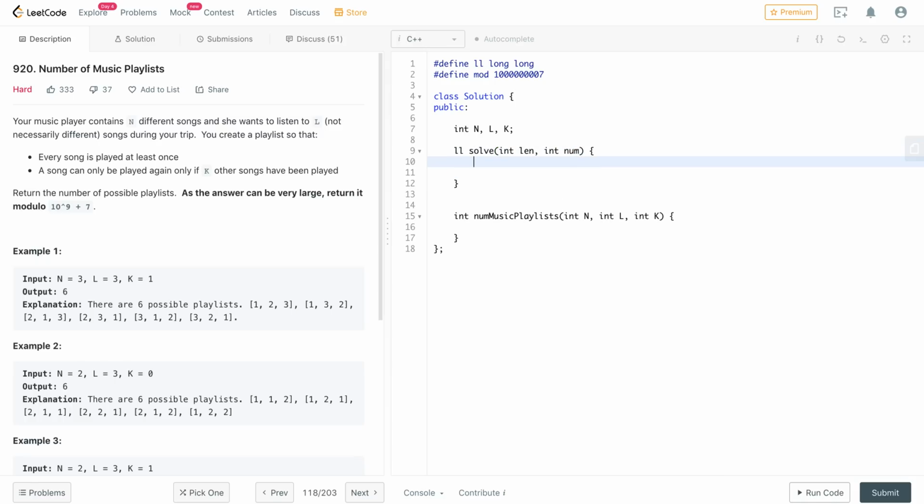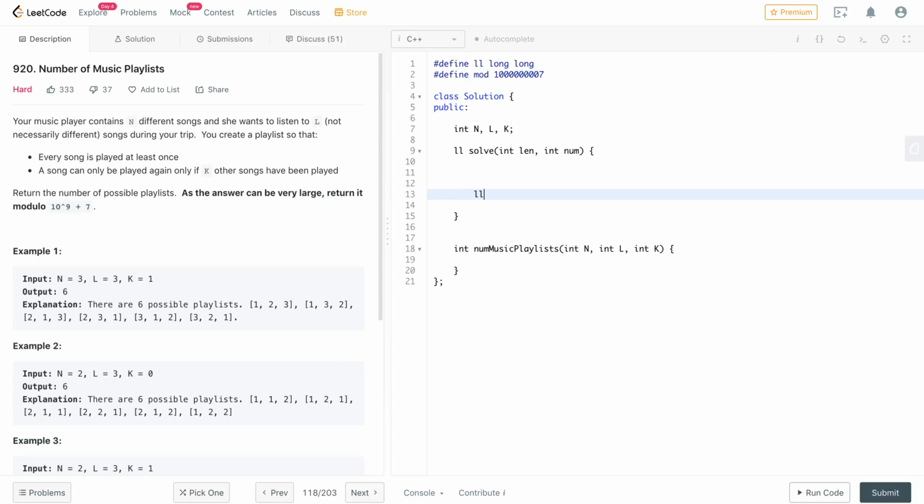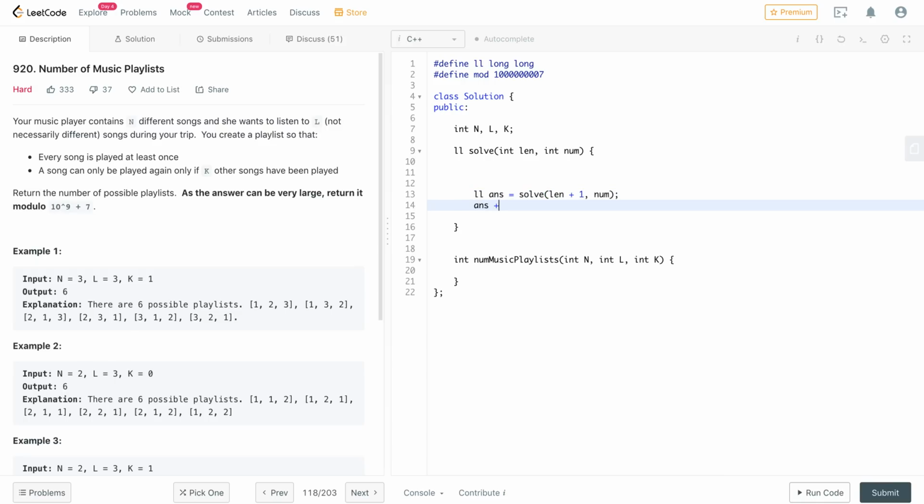What are we going to do here? We are going to build our answer, which would be the first case. The first case is that we are going to include one song from the previous songs only. So in this case, num would remain the same and length would increase. And we are also going to have another option of choosing a song from the unused ones.